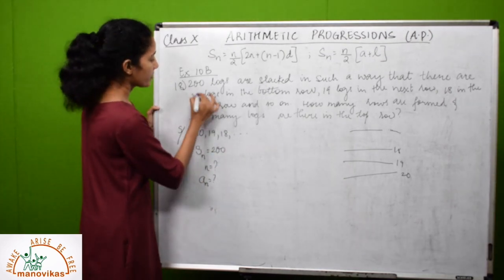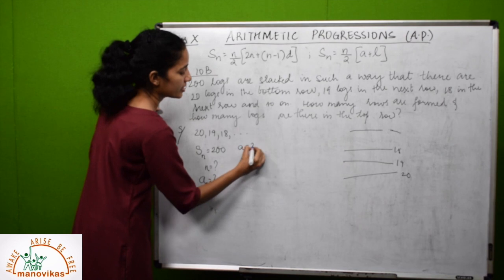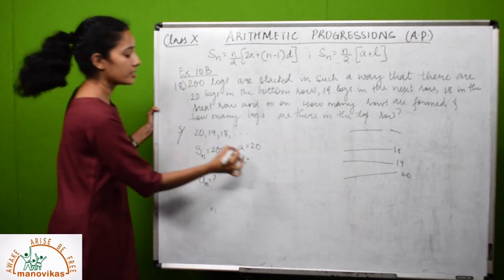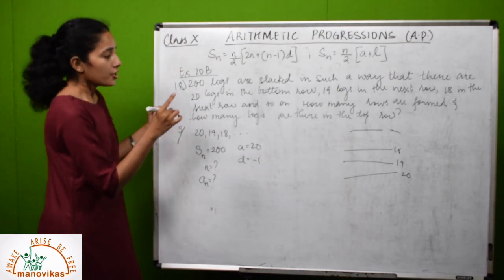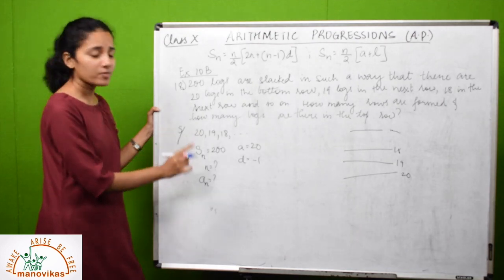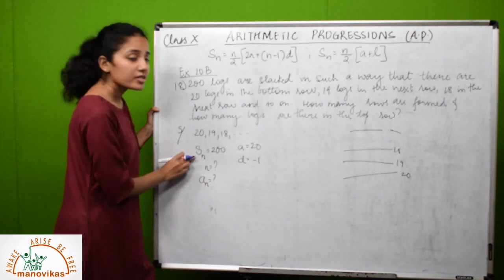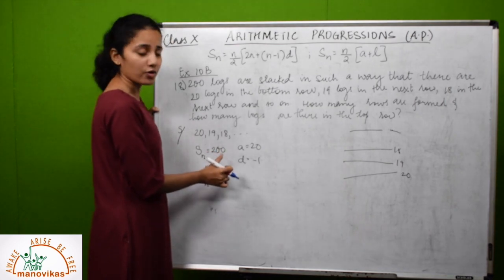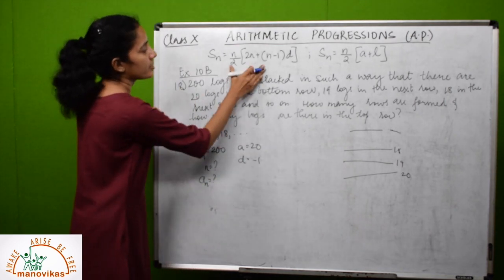What is given? You know that the first term is 20. You also know that the difference is 19 minus 20, which is negative 1. So now to calculate n, in the previous problem we took the nth term. So in this, how would we do it? By taking the sum of n terms formula. That is given by this one.